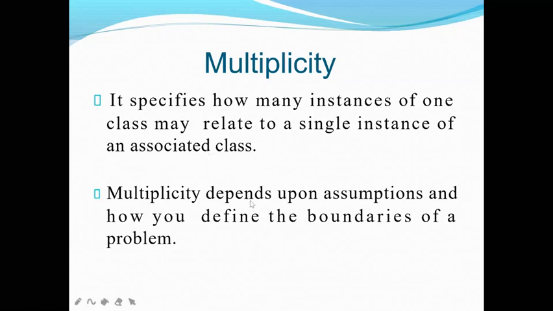Here it will depend upon your assumptions, how you define it and how you write it. So remember, all the diagrams will be different from each other, because whenever you do any multiplicity diagram, you do it on your assumptions. Definitely it will not be the same as another student's diagram. Everything is based on the assumptions.